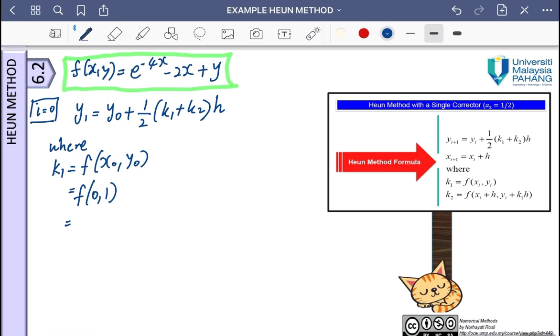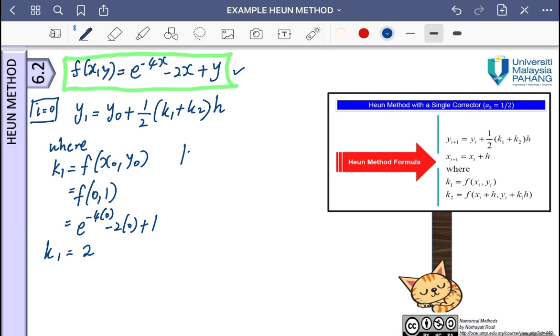Substituting into f(x,y), we have exponent negative 4 times 0, minus 2 times 0, plus 1. So you obtain K1 equal to 2.